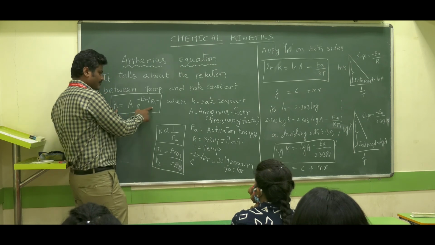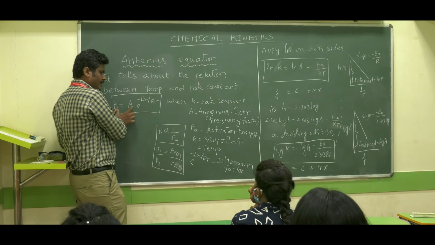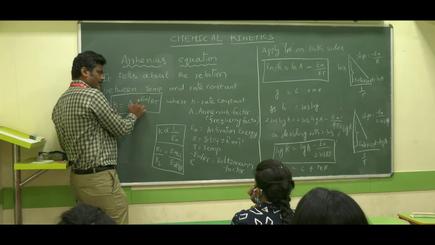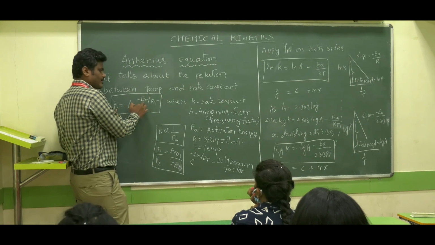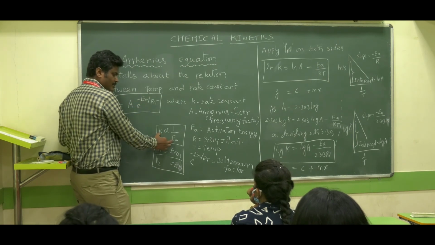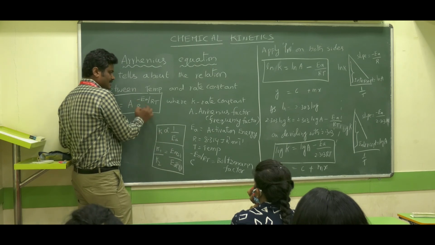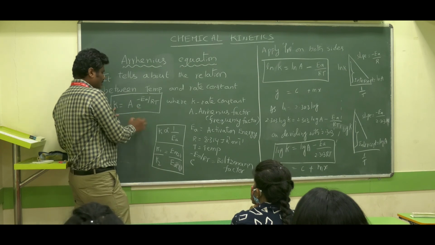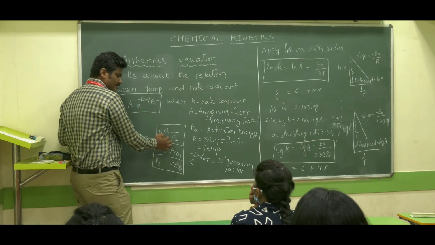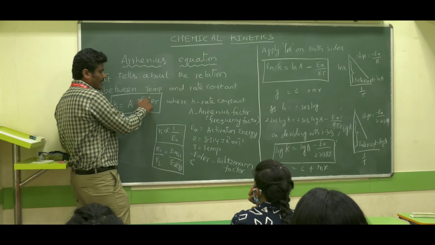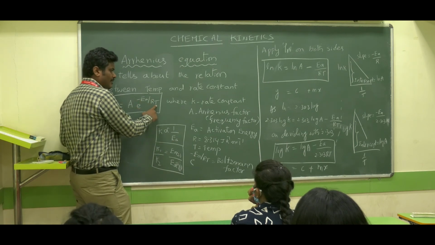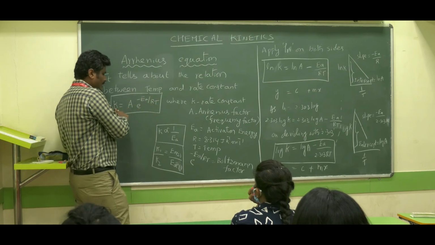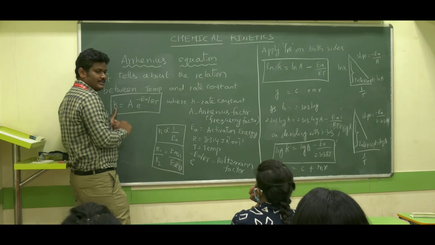K, the rate constant, is e power minus Ea, an exponential to the power minus Ea, which means the rate constant K and activation energy are inversely proportional to each other. And since temperature is in the denominator, K and T are directly proportional to each other.